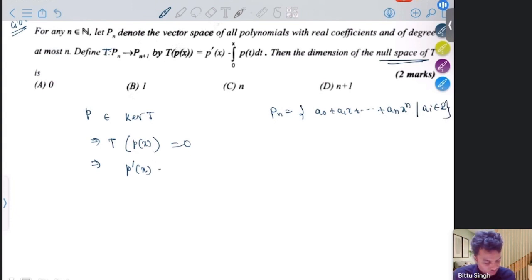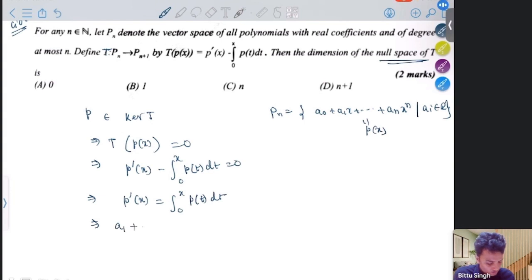So p dash x minus the integral of p(t) dt from 0 to x is 0. This means p dash x equals the integral from 0 to x of p(t) dt. Now suppose this is the polynomial p(x). If we take the derivative, it will be a1 plus 2a2x up to n an x to the power n minus 1.